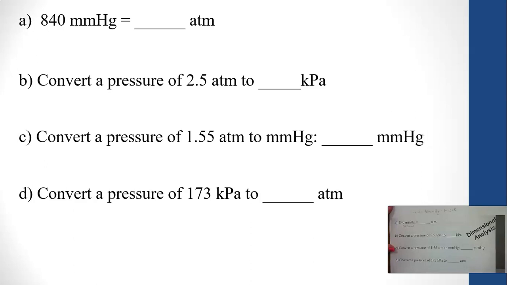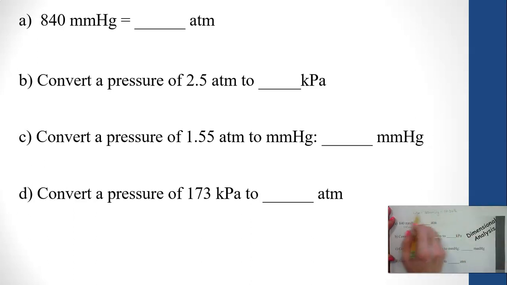Wow, I'm just going to get a different pencil. It keeps breaking. Let me find one that's not going to break. Okay, we'll go old school pencil. 840 millimeters of mercury. And what do we do? Disco down the unit. Put millimeters of mercury here. I want atmospheres, so I put ATM for atmospheres in the numerator.